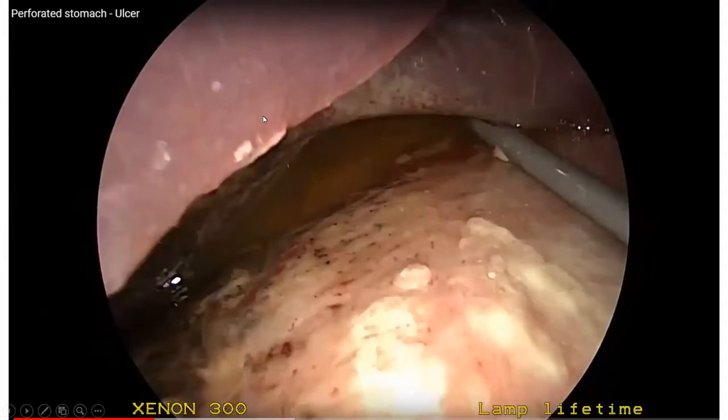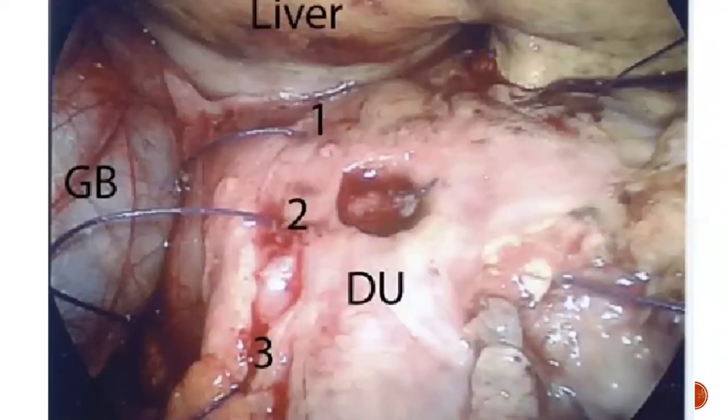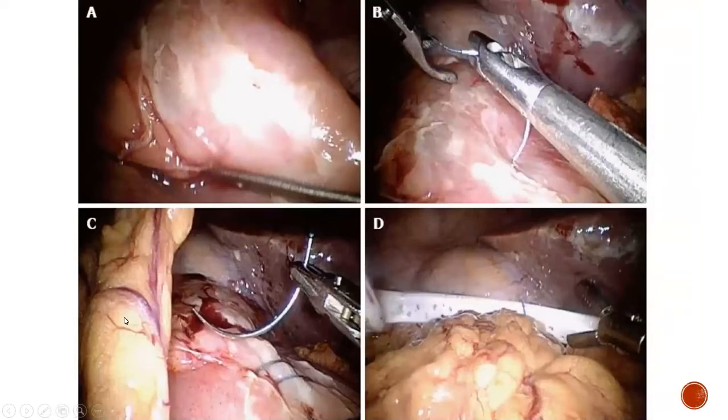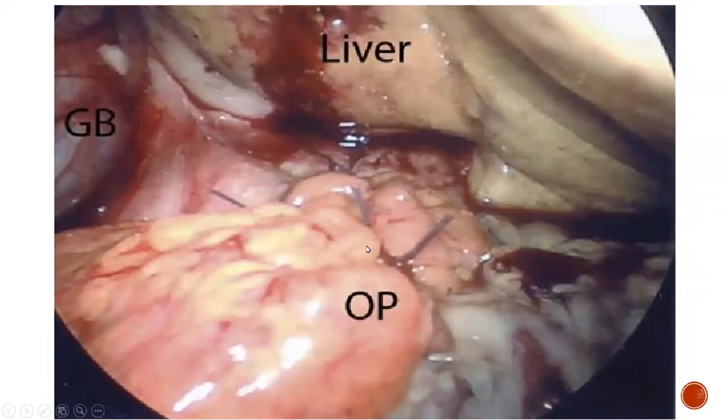Here the upper stomach and the smooth fluid, which signals peritonitis, the initial stage of peritonitis. And here the suturing of the perforated ulcer with an omental patch. And here is the finish.